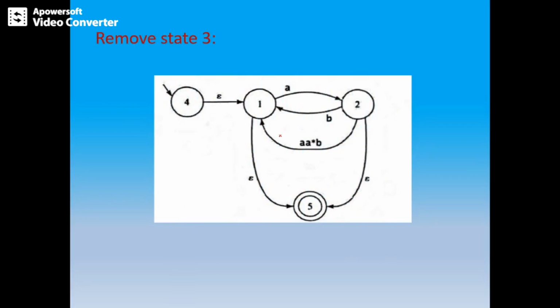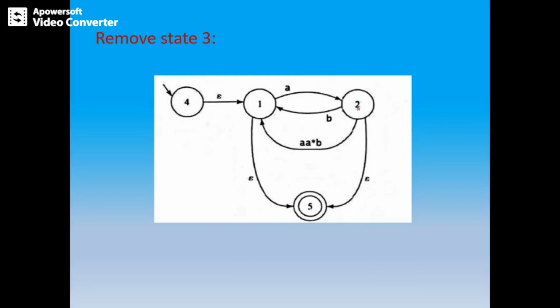Which is the next state to be removed? Remove state 2. After removing state 2, what are the possibilities? The transitions coming into 2 are this one, and that is taking 1 here and then this, which will give you AB. And one more you have, that is A star B. So AB union A star B, because it's a parallel line.